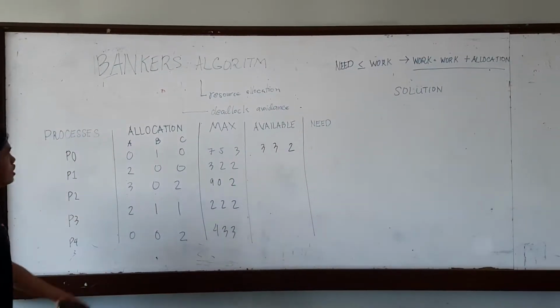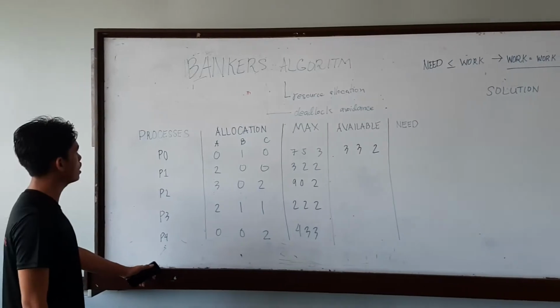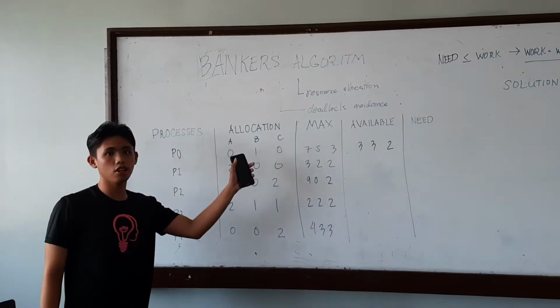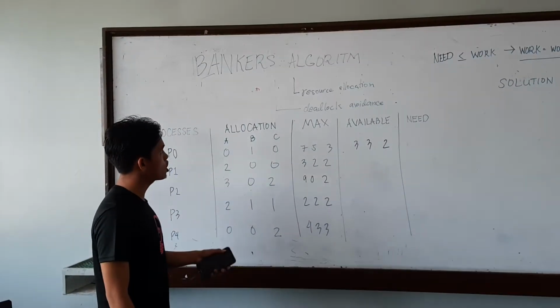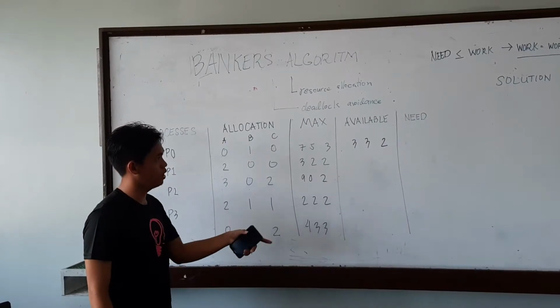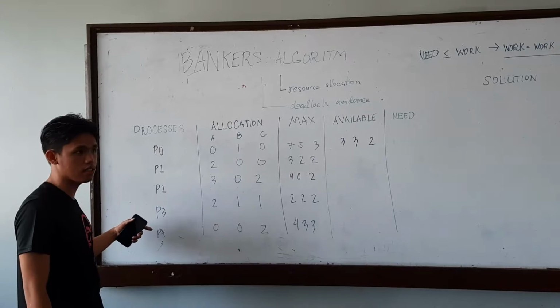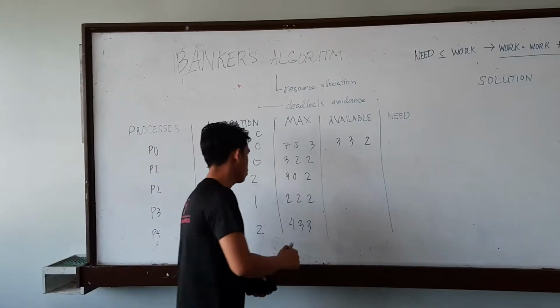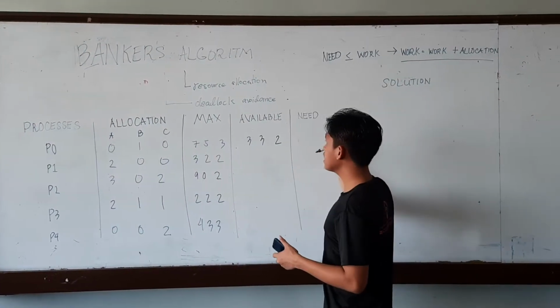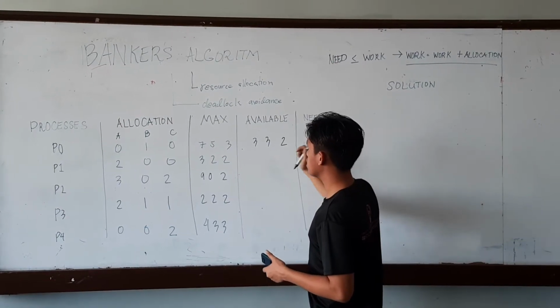So in this table here, there are actually four data structures to be given: the allocation, the max, the available, and the need. And these are your main variables, which are the processes. So in finding the need, we must subtract the allocation from the max.